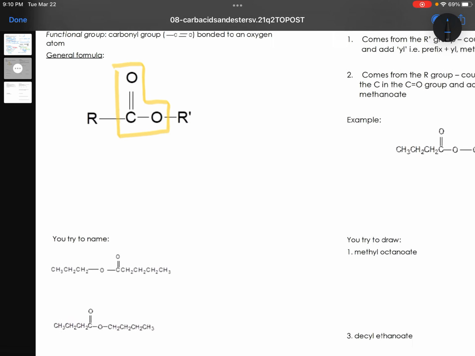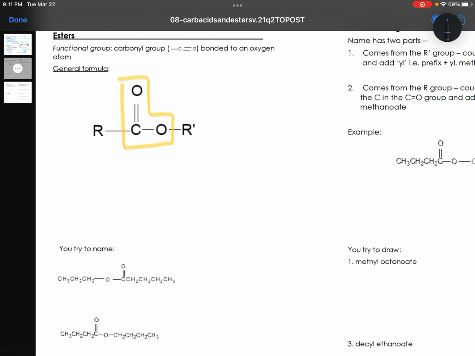So the functional group and the name sort of takes on two parts.